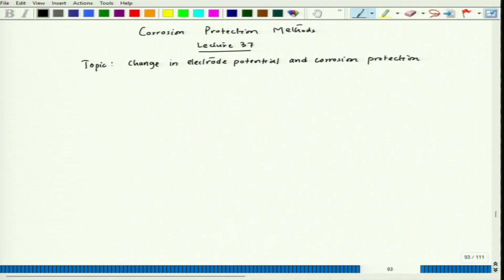Now, we'll look at some of the calculations related to current output from a sacrificial anode.